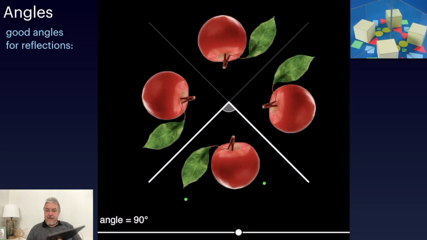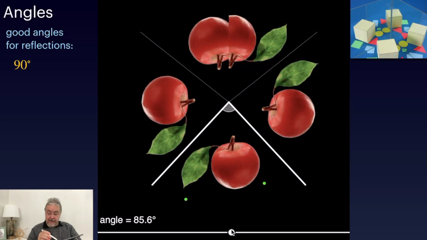So the question is, what happens if I change this angle? Let me make this angle a little bit smaller, and now something interesting happens here. If you make it a little bit smaller, then this image breaks apart. So these parts no longer fit together in a good way to fill the entire plane.